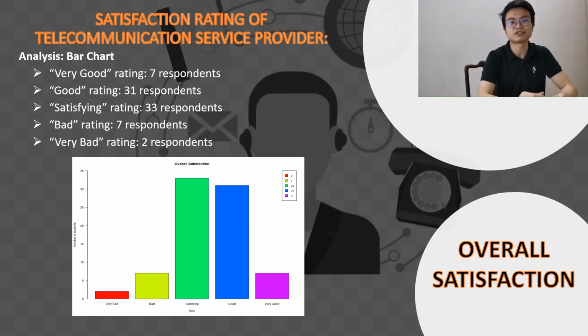Generally, for overall satisfaction, the respondents were very satisfied with their telecommunication service provider, with 33 respondents rating satisfying, 31 rating good, and 7 rating very good. A small number of 9 respondents rated bad and very bad. This can be seen from the bar chart on your left.